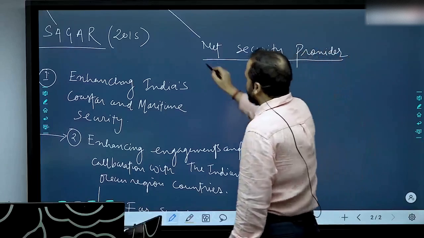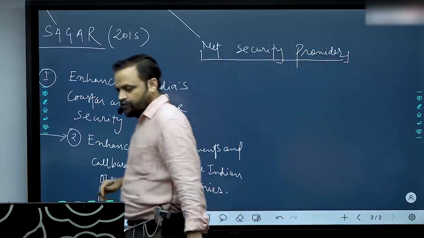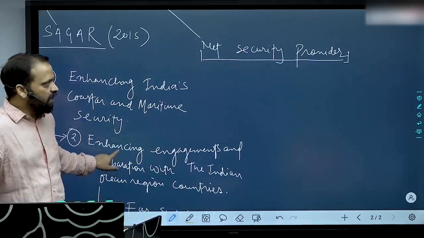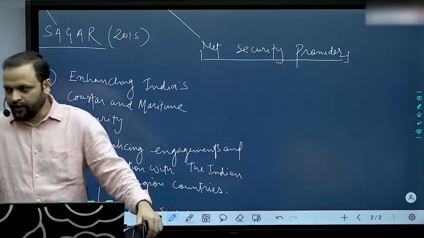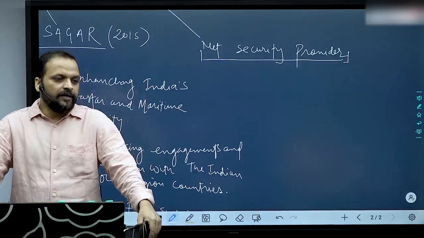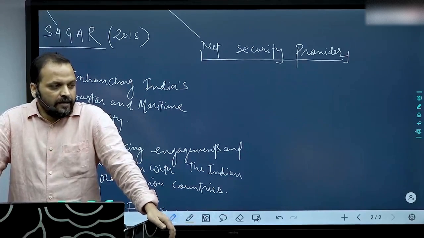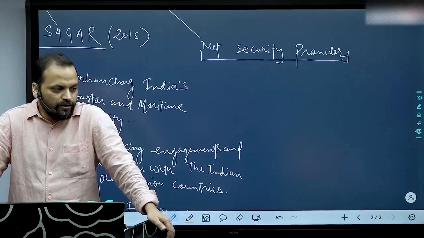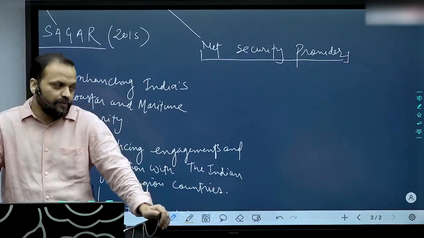and now in many ways a role on which the success of India's Sagar approach depends, right, is the role of net security provider. We generally hear that India is a net security provider, or India is ready to be a net security provider, or India wants to be a net security provider, or others want India to be a net security provider.